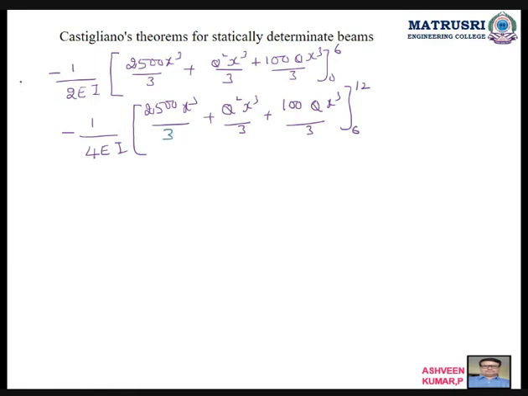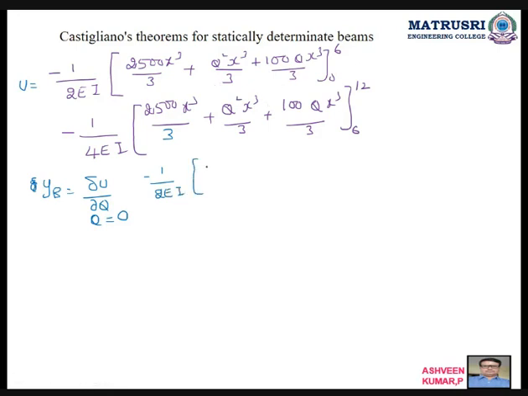This is U. Then if you want to write, Yb is equal to dou U by dou Q, as Q tends to 0. So what will happen now here? Minus 1 by 2EI, the Q terms become 0.